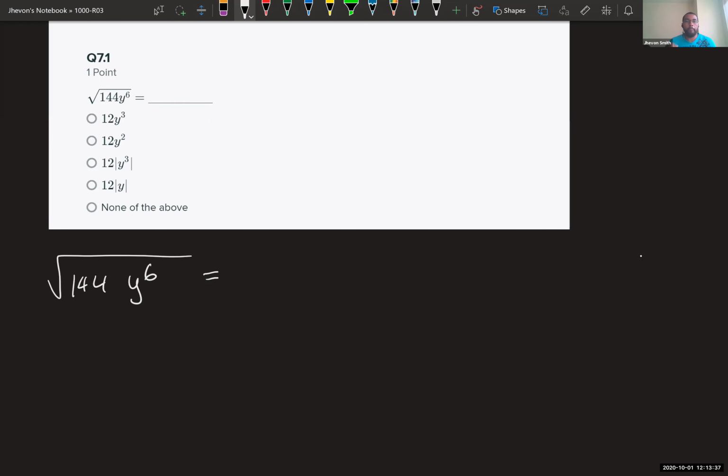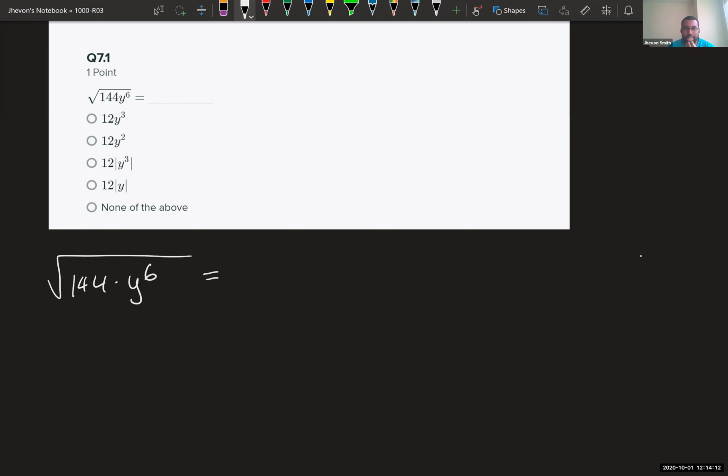So thinking as a basic rule, what can we do here? You have a radical of two things multiplying. What does that mean? You could see that 144 is a perfect square. Take y to the 6, and I think that becomes y to the 3. Yeah, we're thinking too complicated. Just keep it very basic for me.